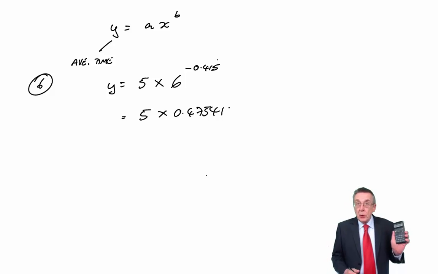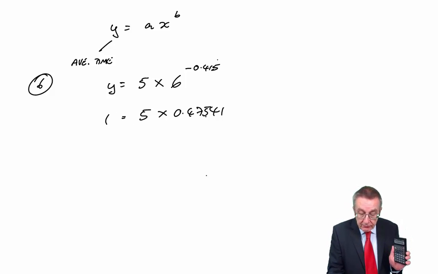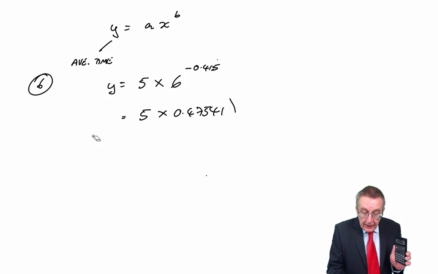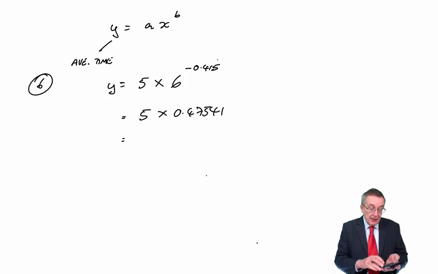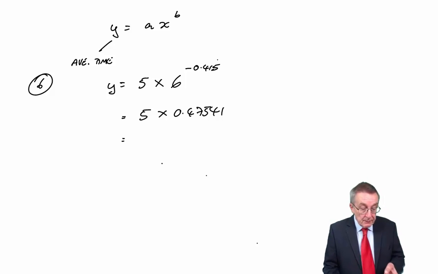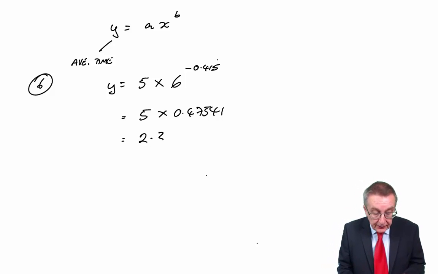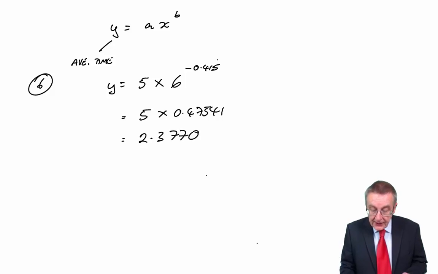You should be able to do the whole thing on your calculator. You shouldn't need to actually write that down, because having left 0.47541 on my calculator, if I multiply by 5, I get 2.3770.